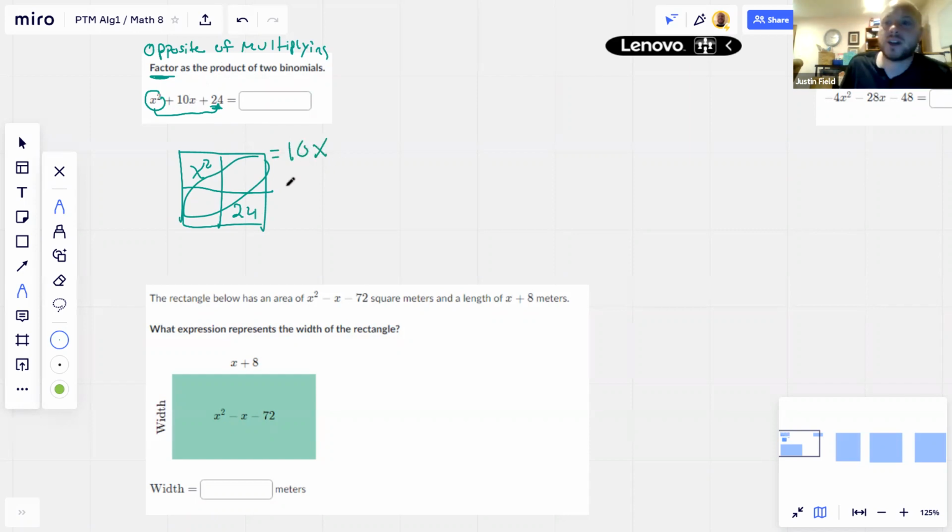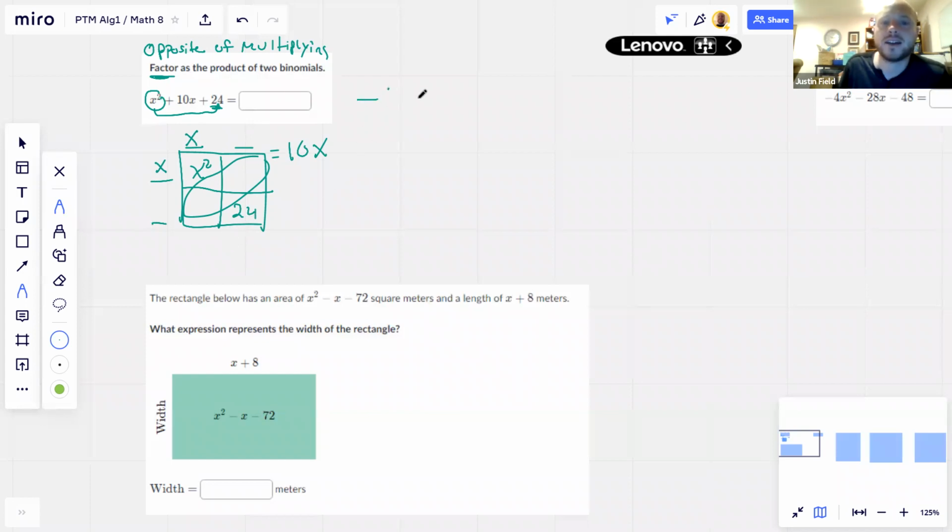Now, the factoring is trying to figure out what was on the outside of the boxes originally. So what times what gives you x squared? That would be x times x. Also, what times what gives you 24?